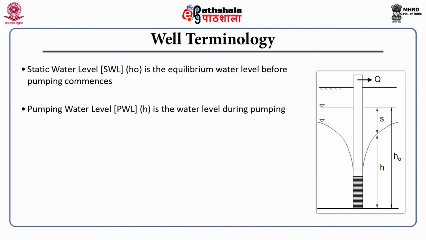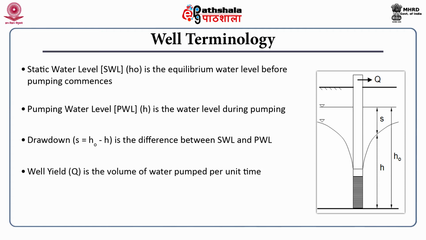Then pumping water level, PWL, is the water level during the pumping, and the drawdown is nothing but the difference between the pumping water level and static water level, denoted by small s. Well yield is the volume of water pumped per unit time, and then specific capacity: if you divide the pump yield by the resulting drawdown, we get the specific capacity.